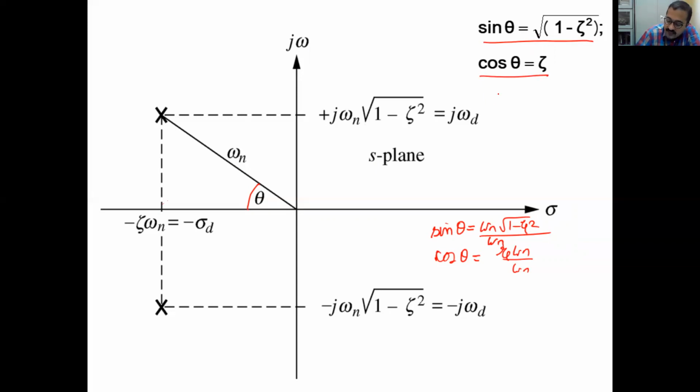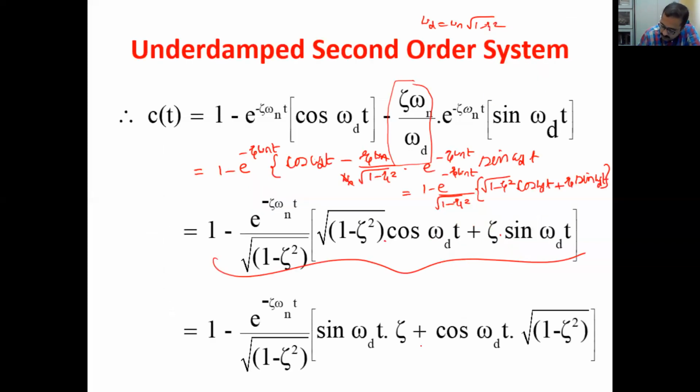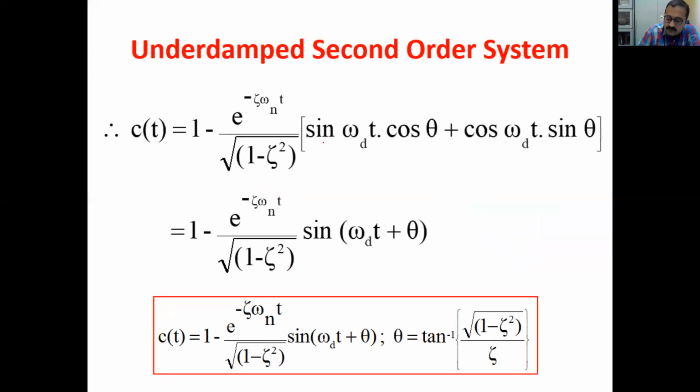And what will be tan theta? Sin theta by cos theta, that means root of 1 minus zeta square divided by zeta. So instead of root of 1 minus zeta square, I can write sin theta, and instead of zeta, I can write cos theta. That is what is shown here: sin omega d t cos theta plus cos omega d t sin theta.